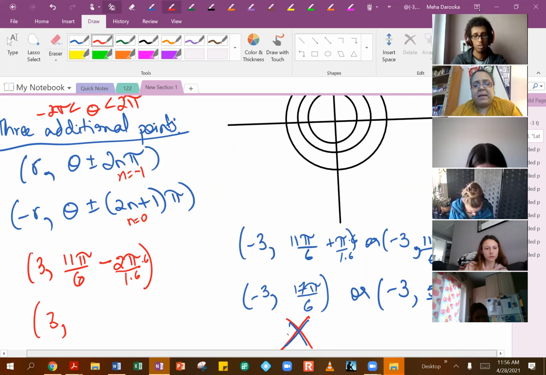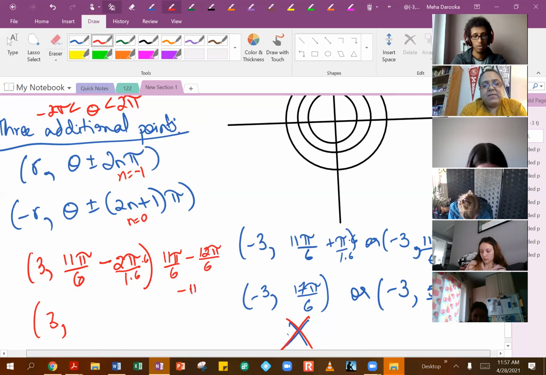So what is 11 pi over 6 minus 2 pi going to give us? Billy, yeah, very nice, because you will basically end up with 11 pi over 6 minus 6 times 2 is 12. So this guy becomes 12 pi over 6, which will basically give us negative pi over 6. And negative pi over 6 is going to be within our angle over here.